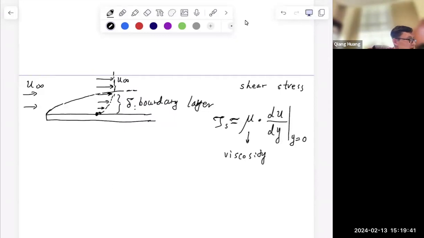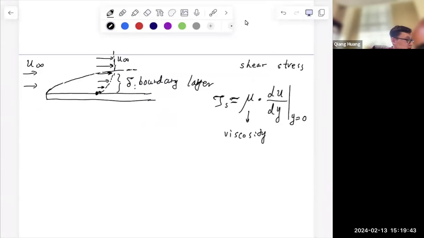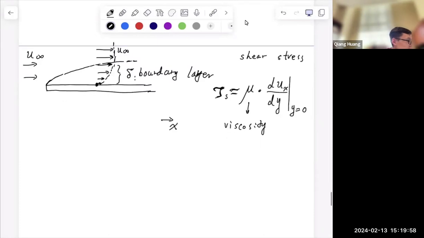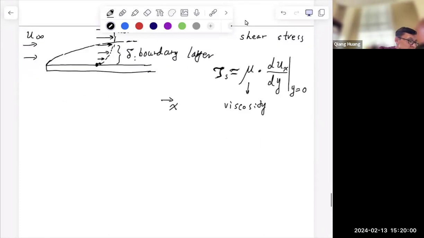The more sticky it is, the more force it will drag on the plate, or the shallower the velocity change will be. And then if we say this is x direction, this would be the ux in the y direction.